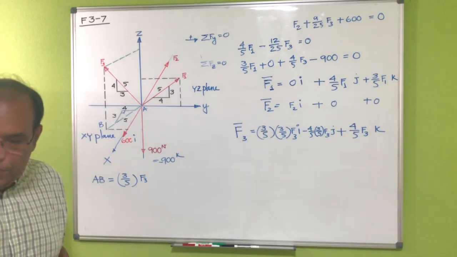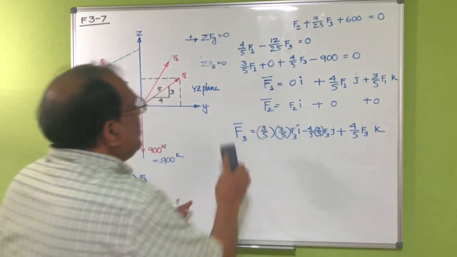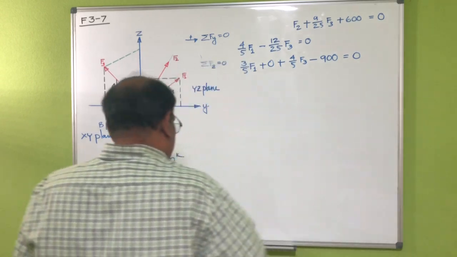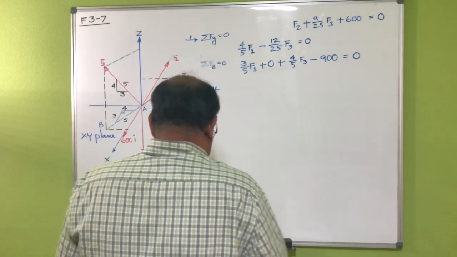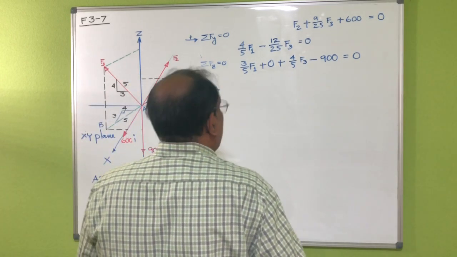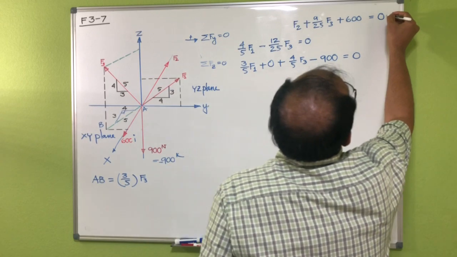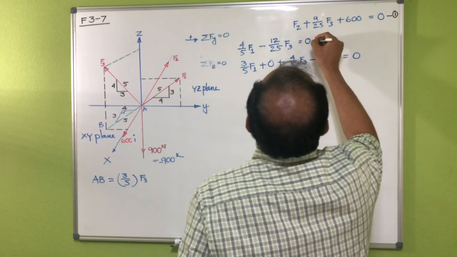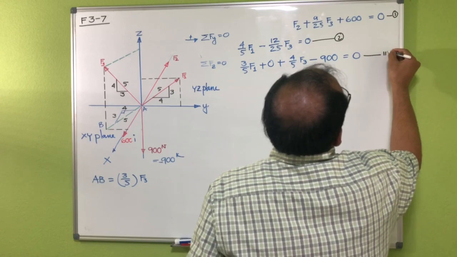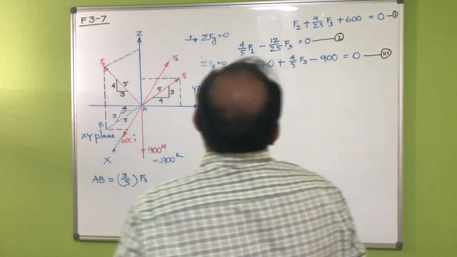Okay, so I have these three equations here, and we can denote that one as 1, this is 2, and this is 3.